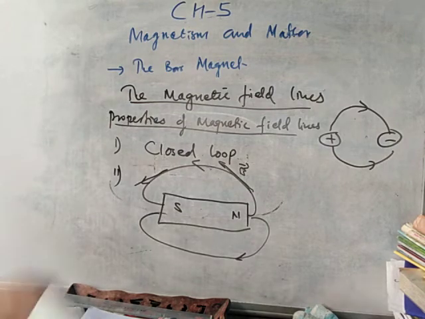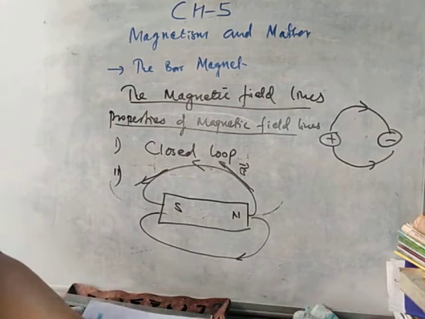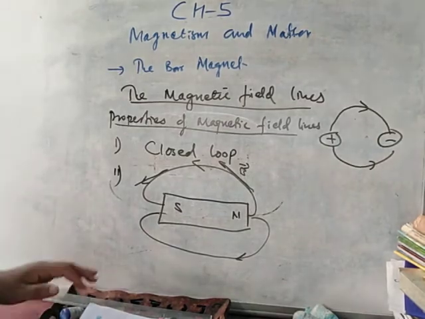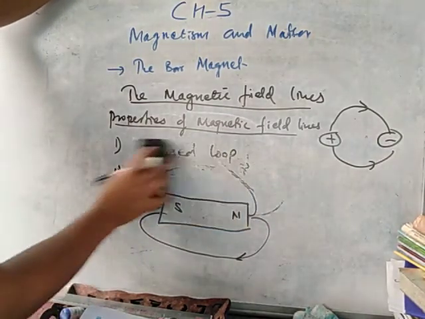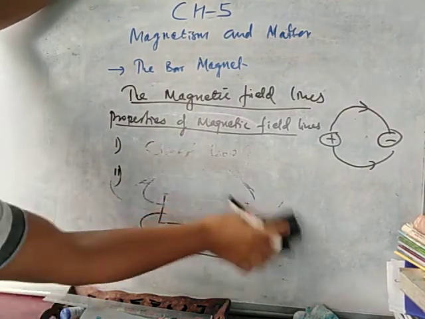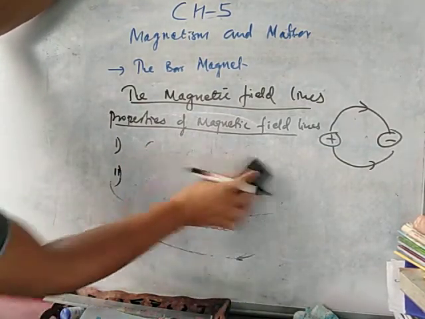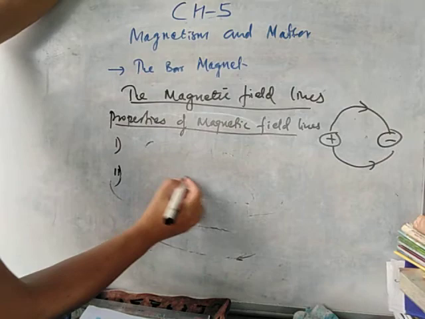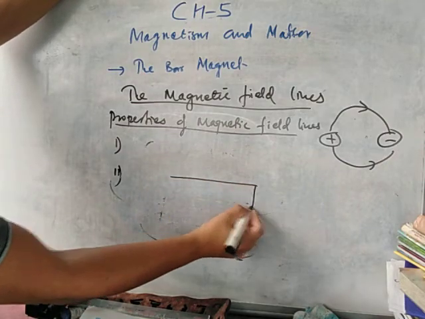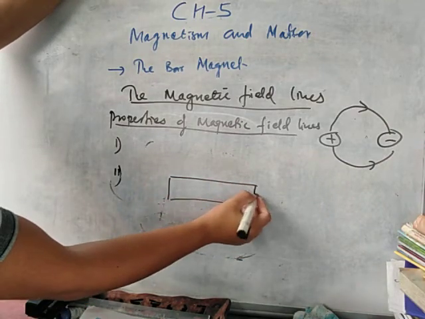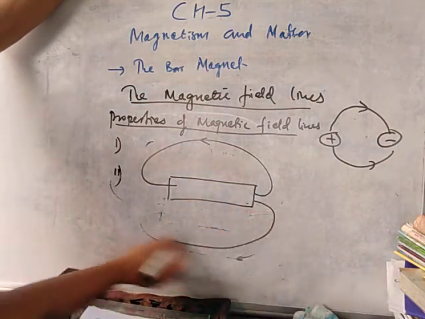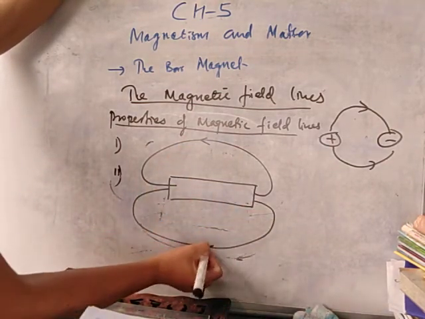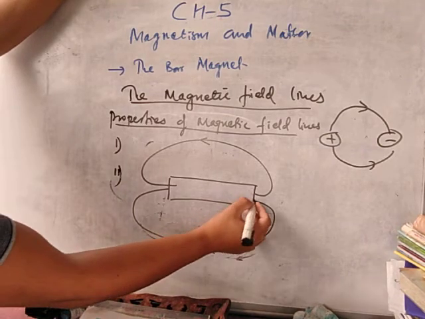Next, the larger the number of field lines crossing. You have to understand this thought. See, this is your bar magnet, and these are your field lines, if I draw like this.